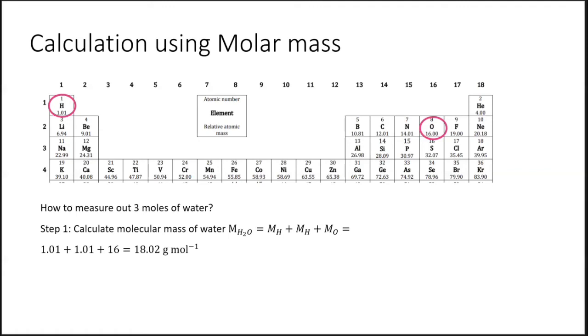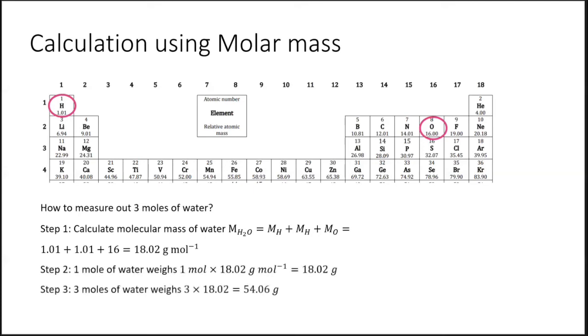We add them all together, and that means 1 mole of water molecules would actually weigh 18.02 grams, right? So how many moles of water molecules do we need to measure out? Okay, 3. So we multiply the molecular mass of water by 3.